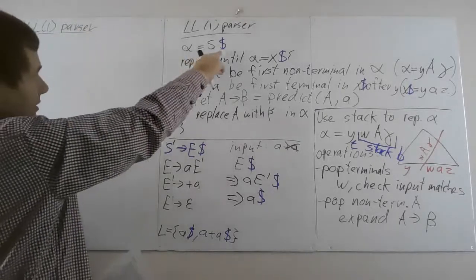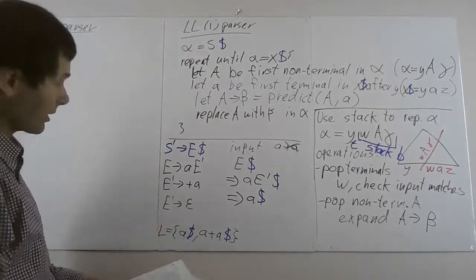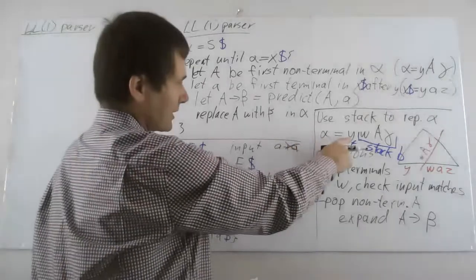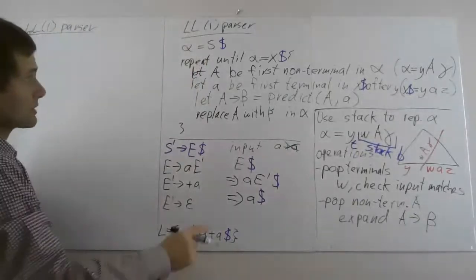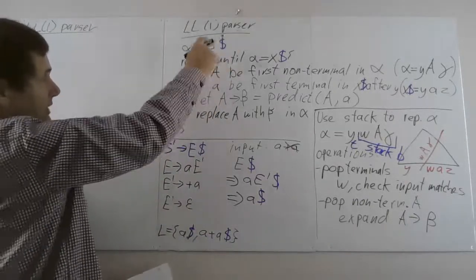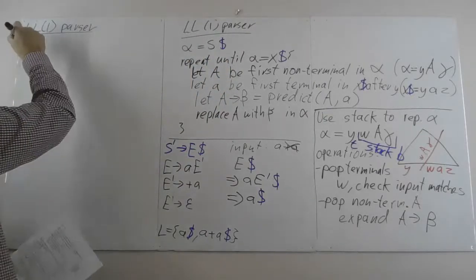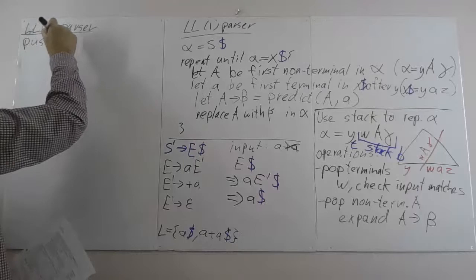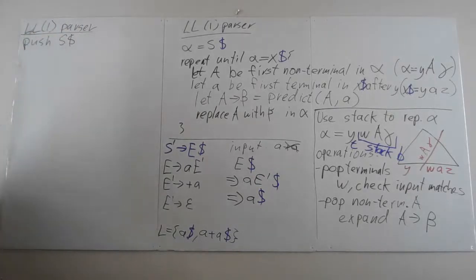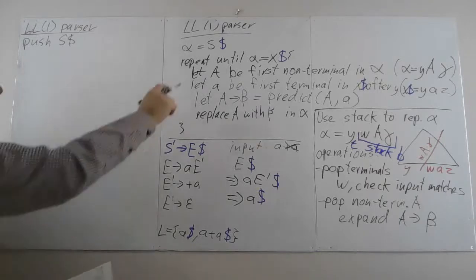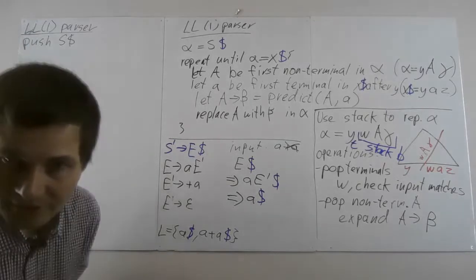I start off with initializing alpha to be $. Since alpha is the input that I've seen so far, and then the first non-terminal symbol, well, that input is empty, and so $$ is what I push on the stack. So I'm going to push $$ onto the stack, and this is the equivalent of initializing alpha to $$.